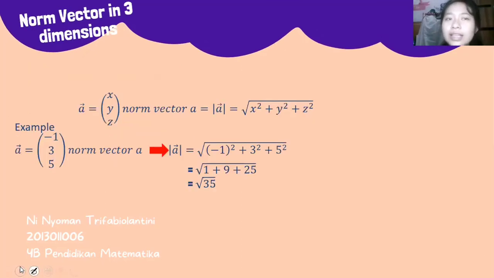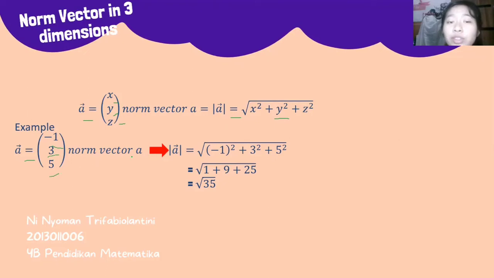The next is the norm of a vector in 3 dimensions. Vector A equals (x, y, z). Norm of vector A equals the square root of x squared plus y squared plus z squared. The example: vector A equals (-1, 3, 5).